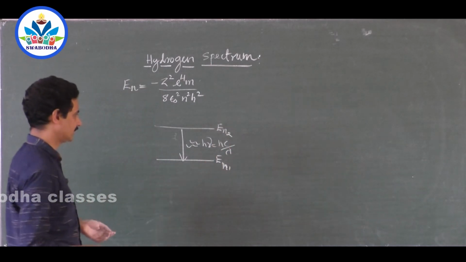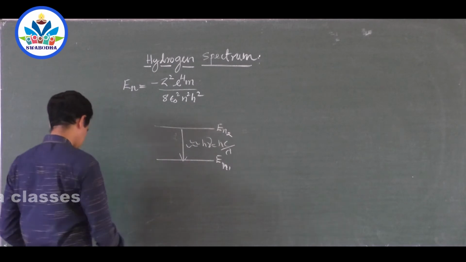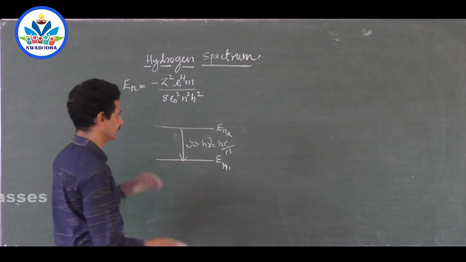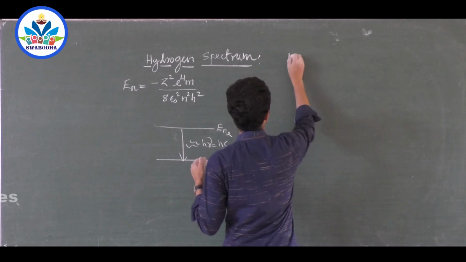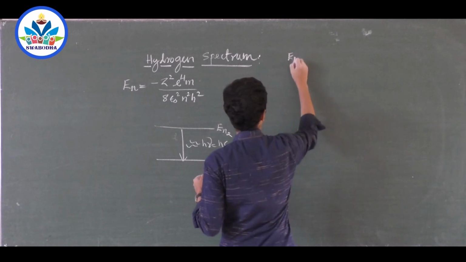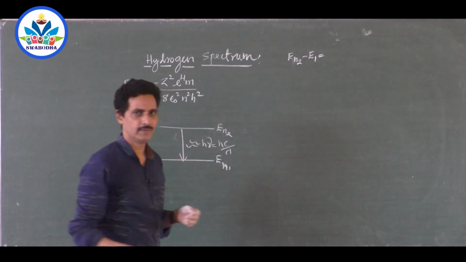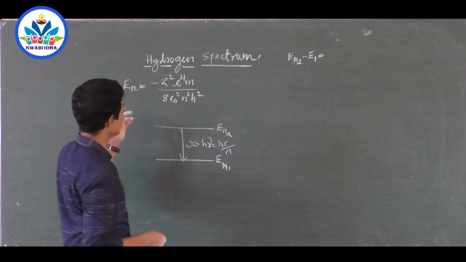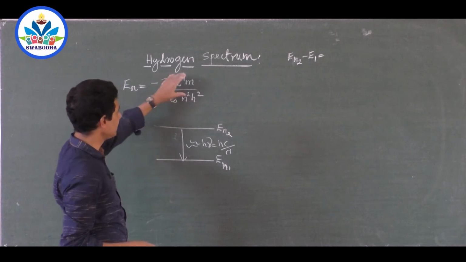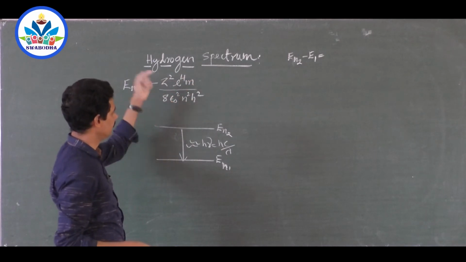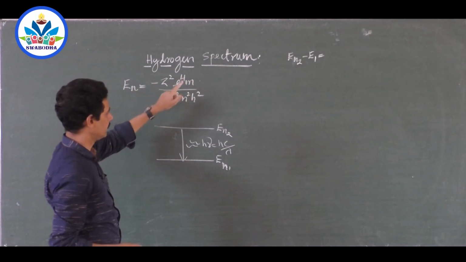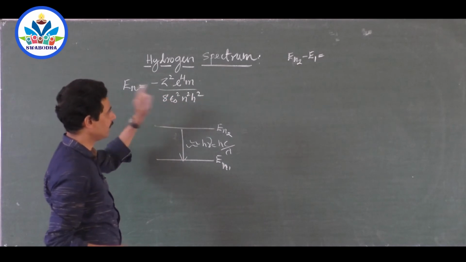So using this concept, let us write the difference in energy. The difference in energy is En2 minus En1. Directly we will write it. Today we will cut short one step. You know that everything is the same, Z square, because it is the same atom: Z square e to the power 4 m divided by 8 epsilon naught square h square, only n will change.